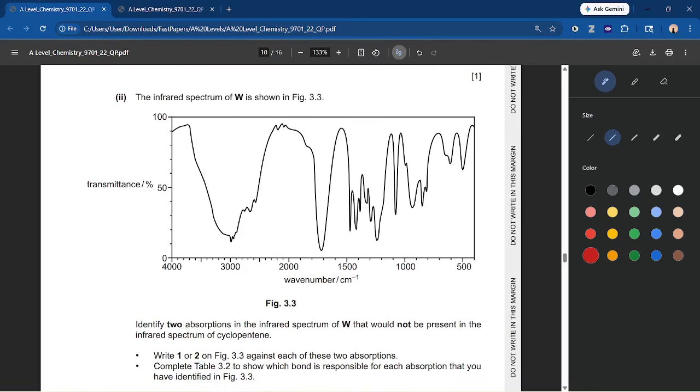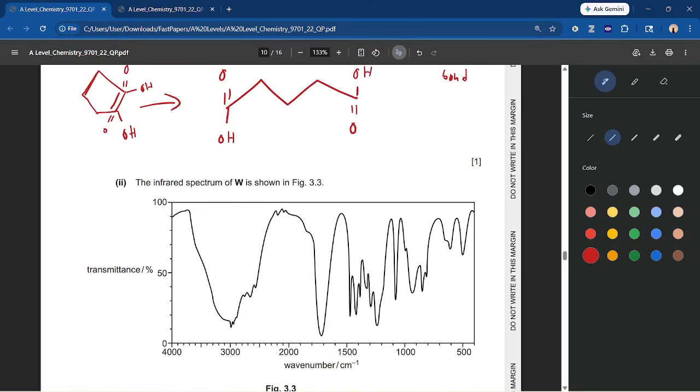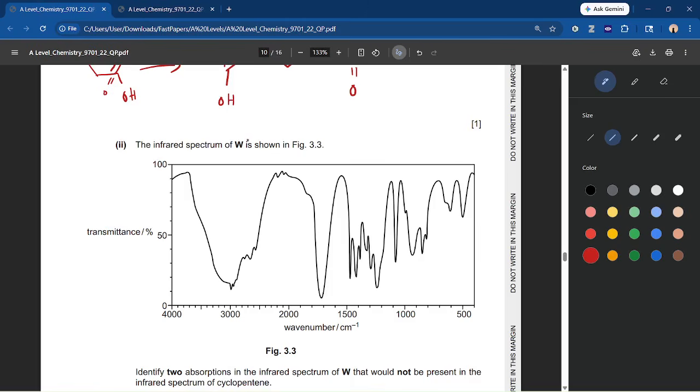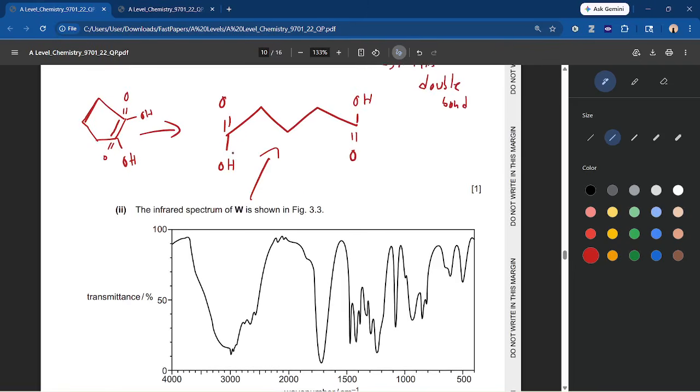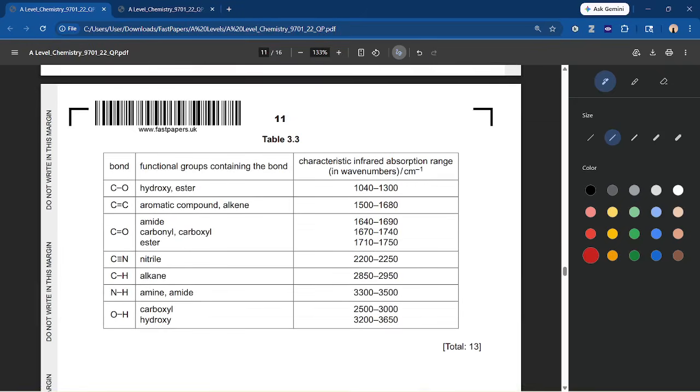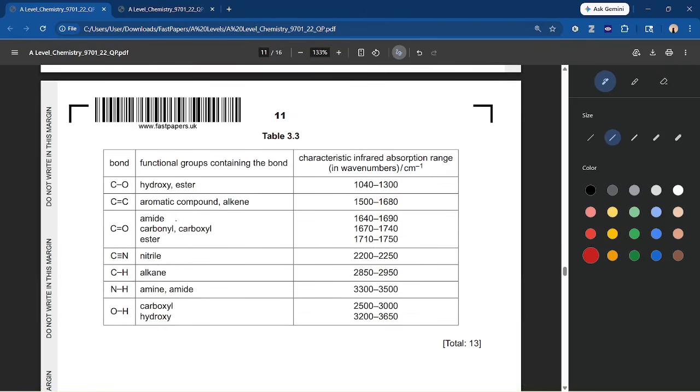So cyclopentene, this is for W. So W means this compound over here that we just drew. So over here we can already tell that you're going to get a double O bond and you're going to get a hydroxyl bond. So let's take a look at where we're going to find this C=O, the carbonyl bond, between 1640 to 1670, and so any one of these ranges.